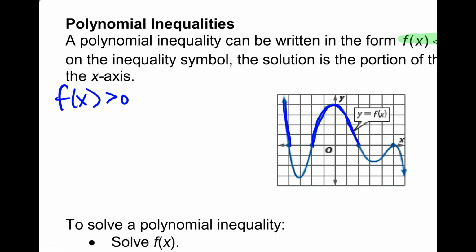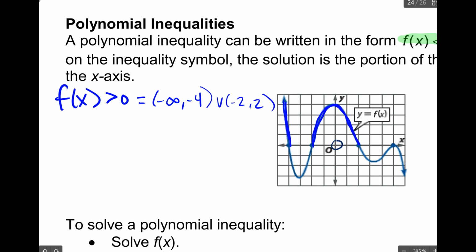So I would have negative infinity to negative 4, because this is my origin, right here is my origin, it said 0, 0, to 4 union negative 2 to 2. Yeah, negative 2 to 2.